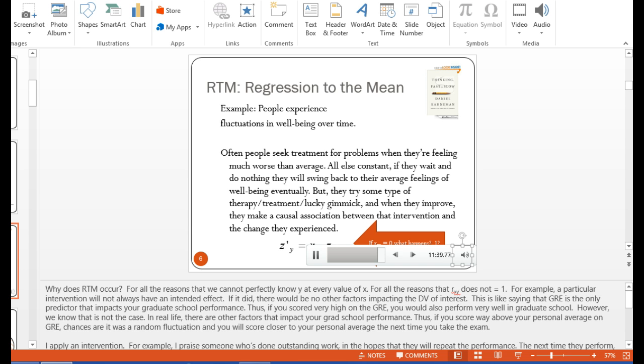Now, as is so often the case in research, the correlation is going to be somewhere between 0 and 1 in absolute value. So to the extent that it is low, we'll have RTM occurring, where an extreme score on the predictor value is going to be muted by that RxY, whatever that is.